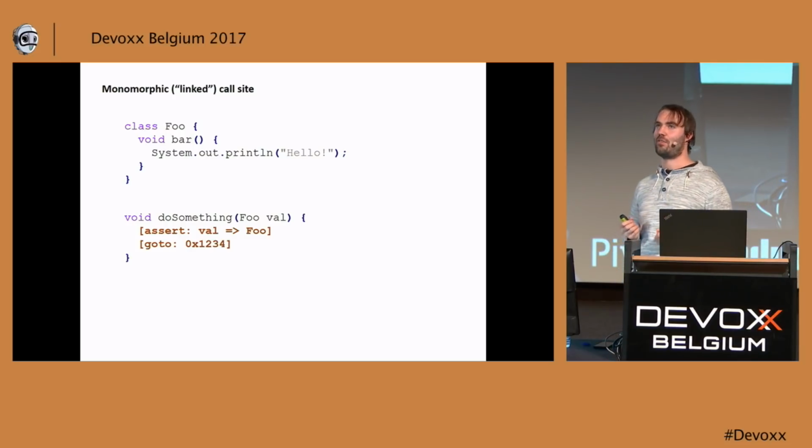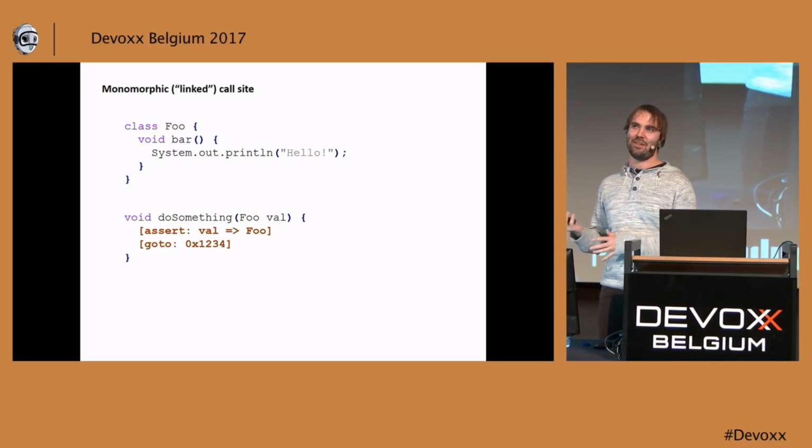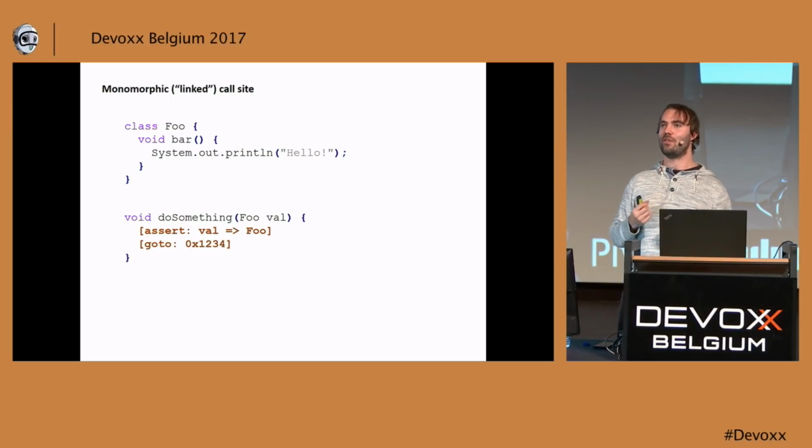And you might have heard this word, monomorphic. It sounds very academic, something that only people that are deep in the matter understand, but monomorphic basically just means a call site only ever meets a single class of an instance.